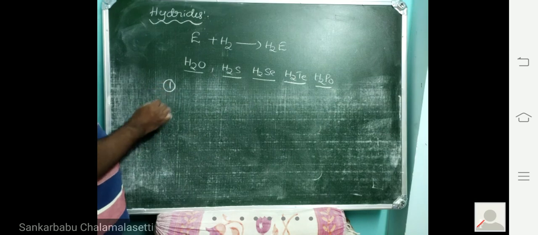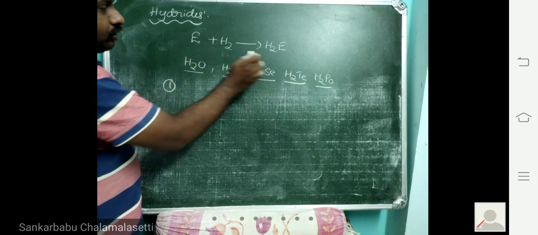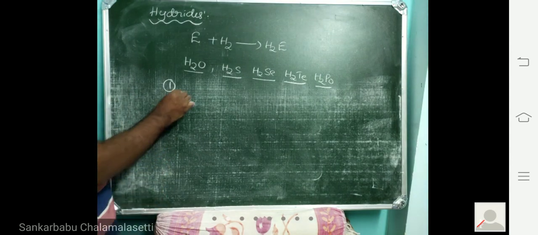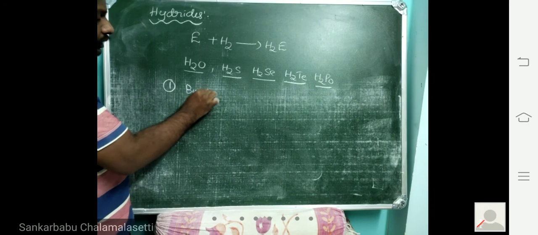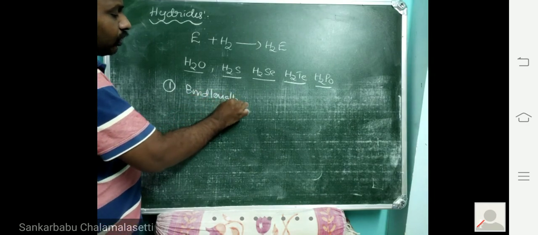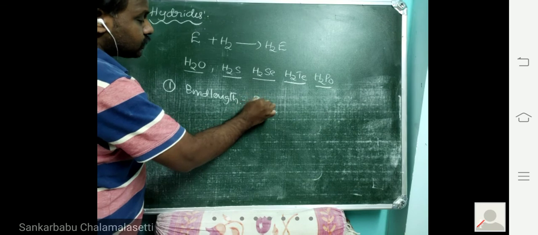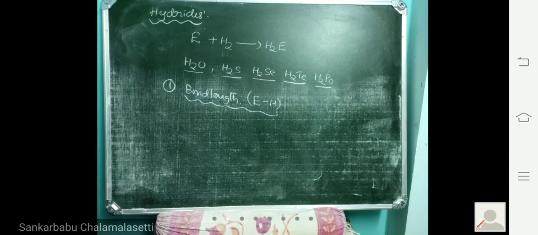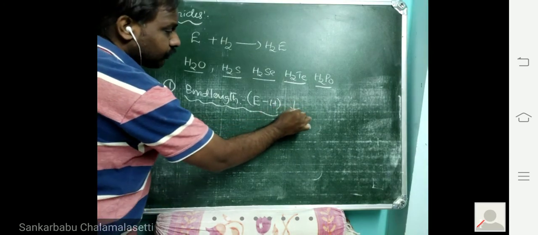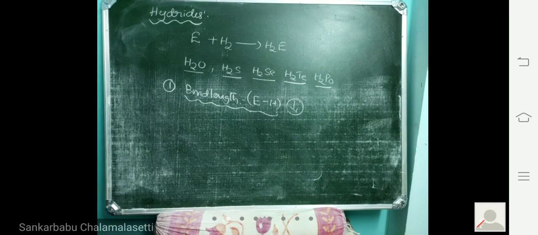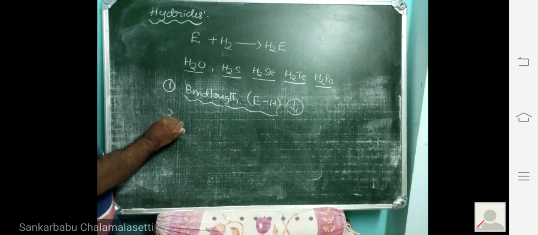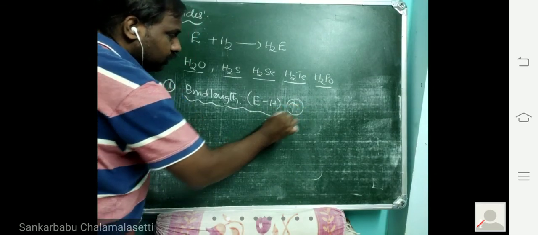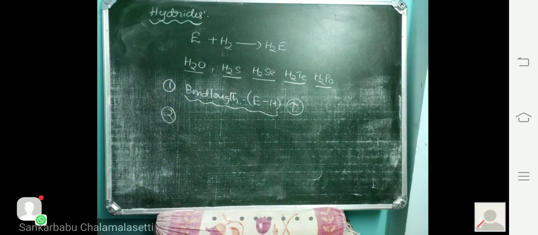First, from oxygen to polonium, atomic size increases. When the atomic size of the central atom increases, the E-H bond length increases.